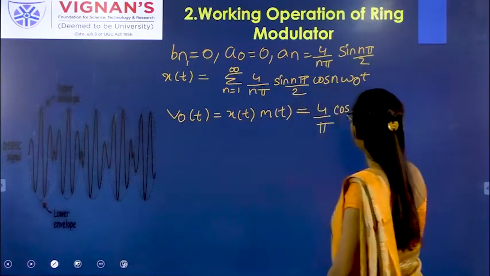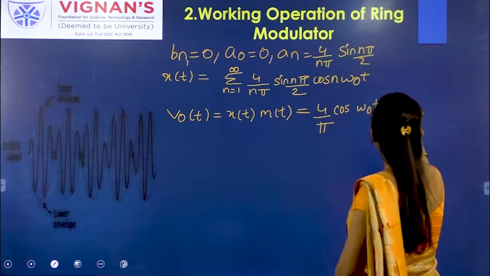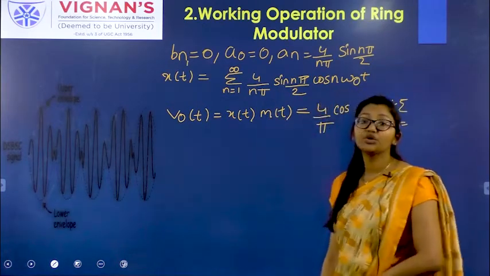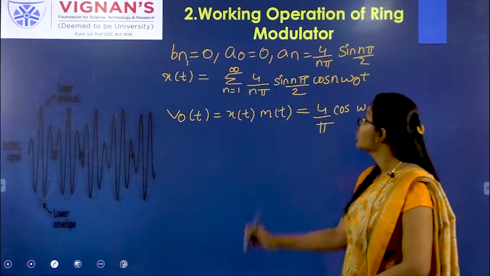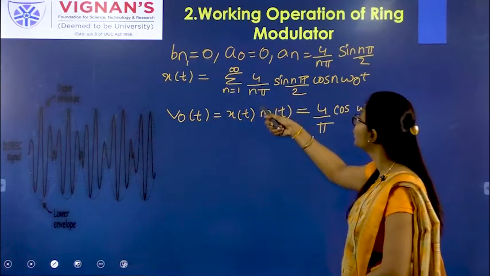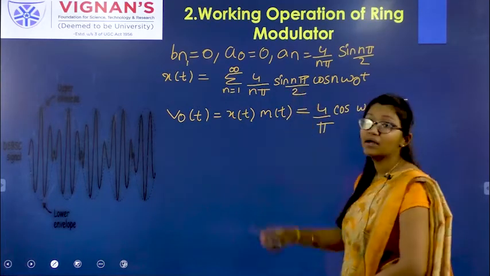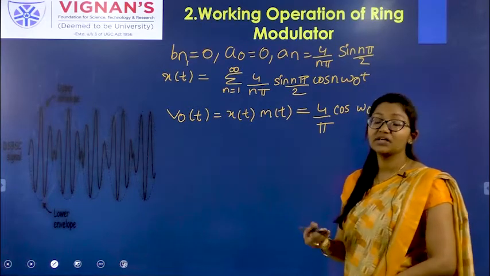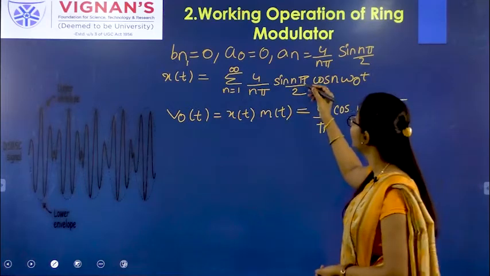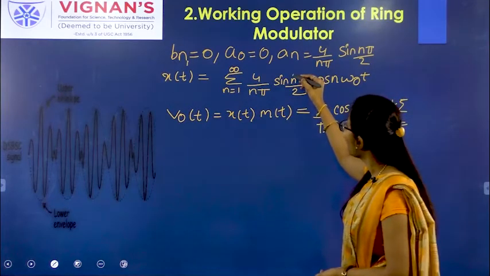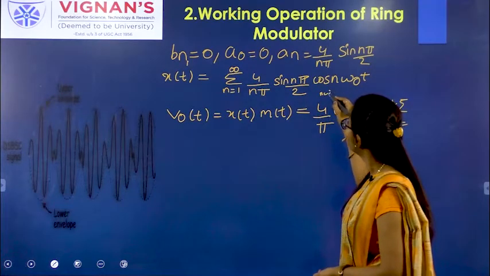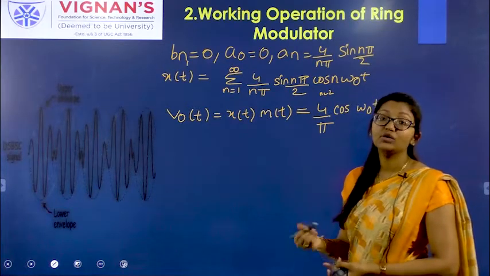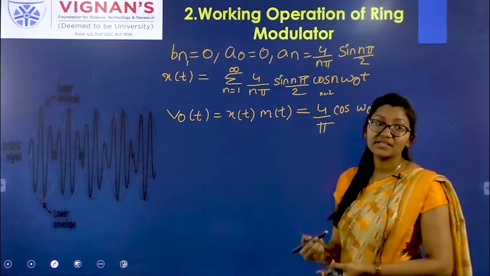So 4 by pi cos omega naught t plus sigma n, and again if you consider n equal to 2, what will be here? Sin pi. For n equal to 4, sin 2 pi, and for n equal to 6, sin 3 pi.